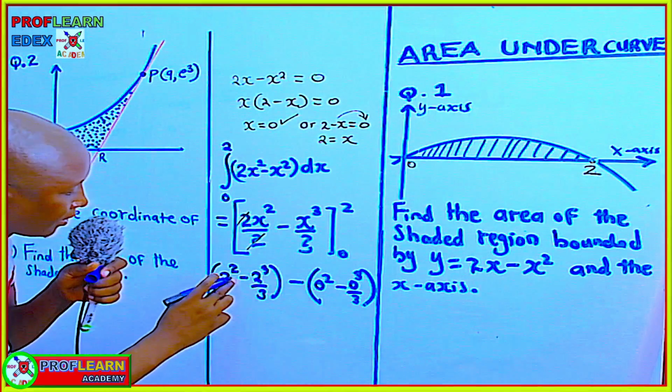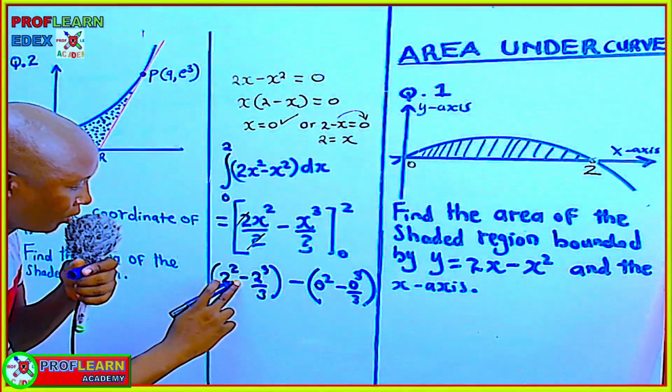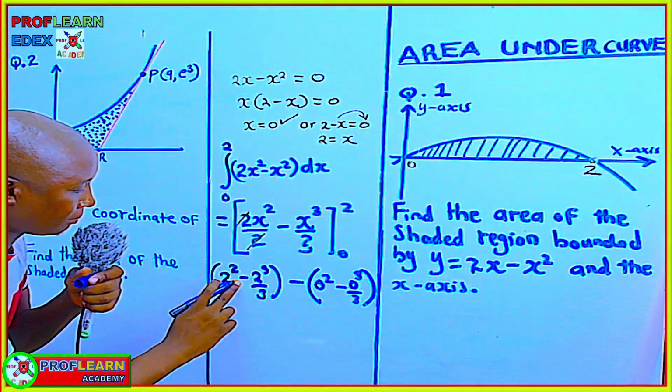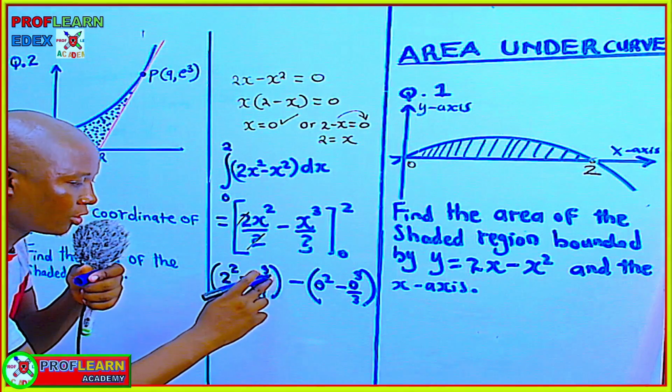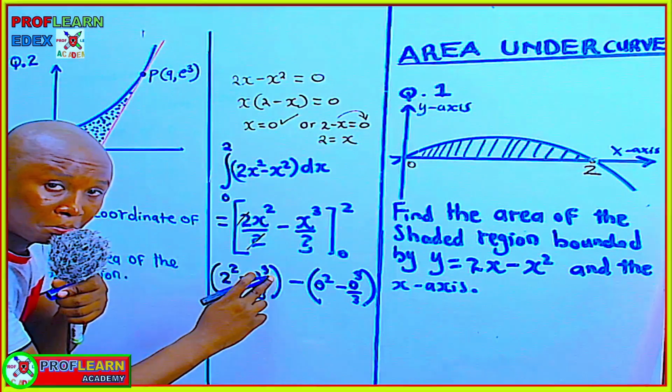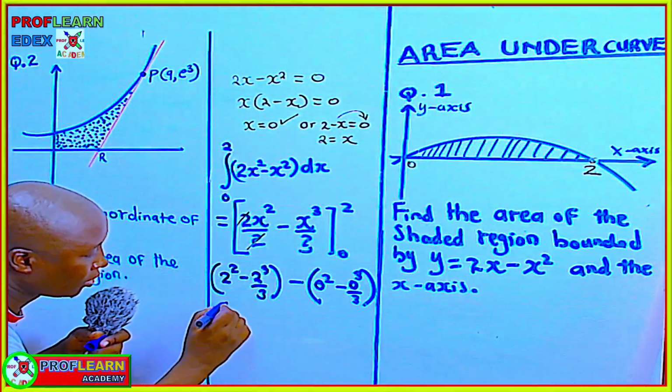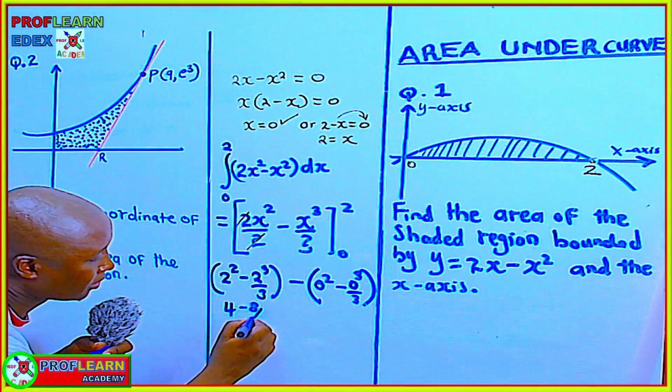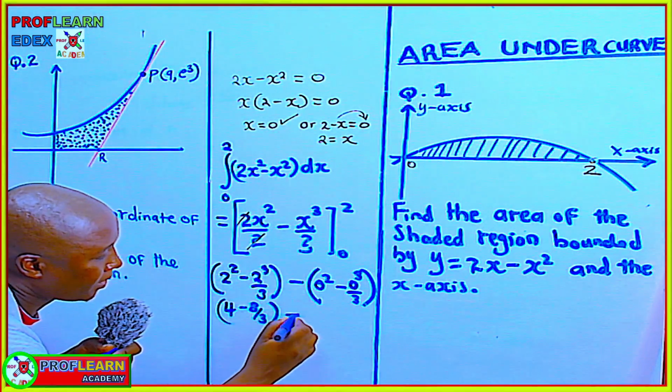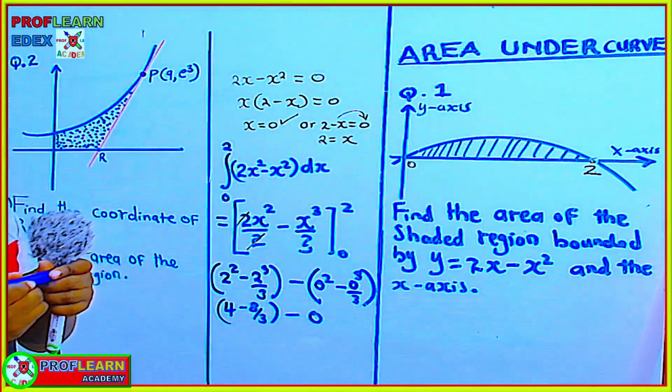This will become positive 4, and this will become 8 over 3. So this would be 4 minus 8 over 3, then minus 0.